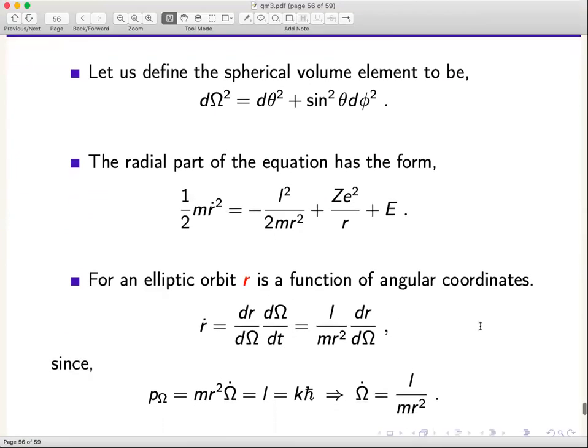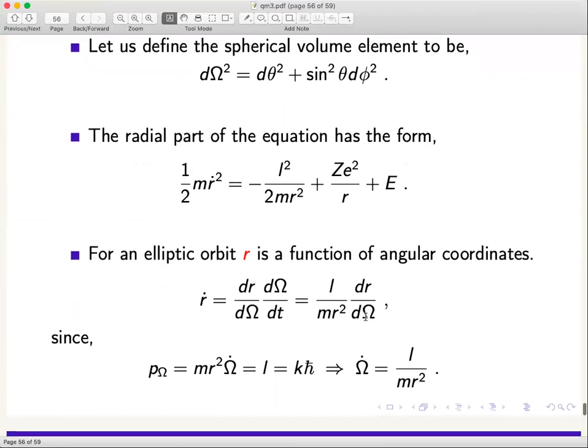That is related to the angular momentum quantity, p omega is m r squared omega dot, and that is quantized. That is some integer L, which is k times h bar. So this L contains an h bar factor sitting inside it.